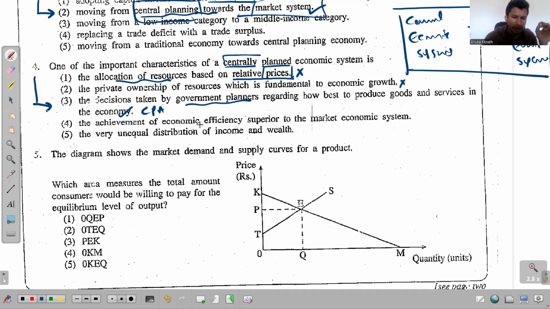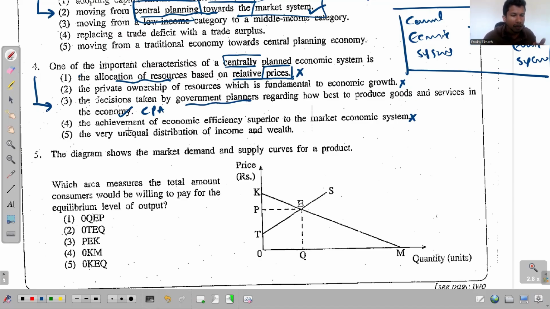The achievement of economic efficiency superior to the market economic system. No, it's the other way. The probability of achieving economic efficiency is very high in a free market economic system compared to a centrally planned economic system. So it's the opposite.